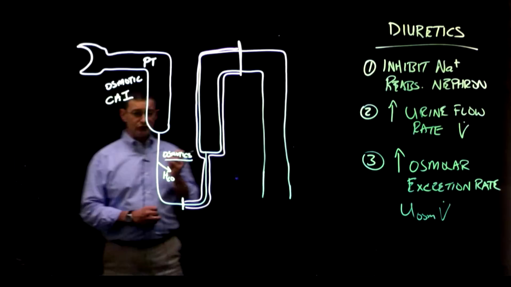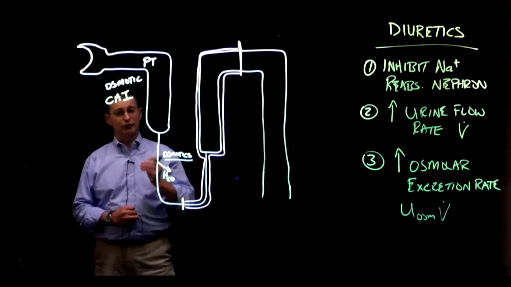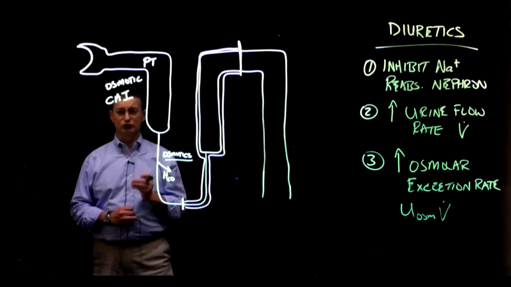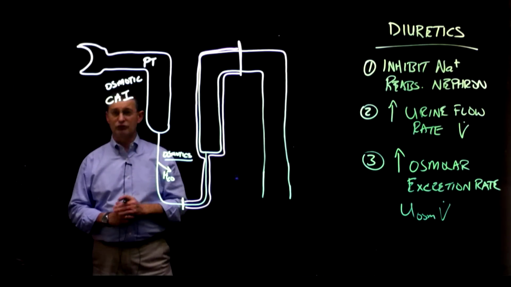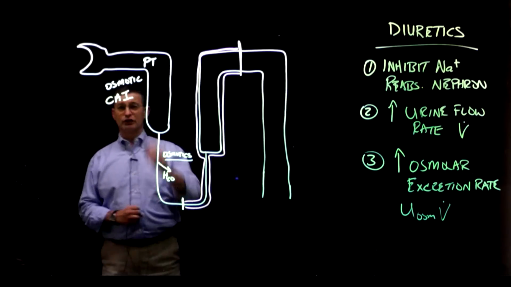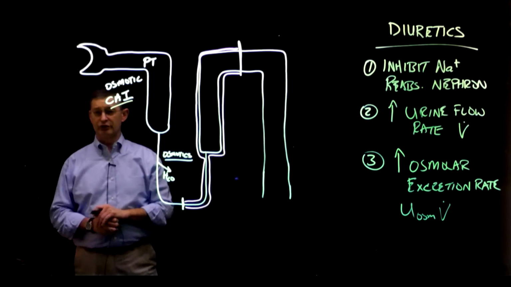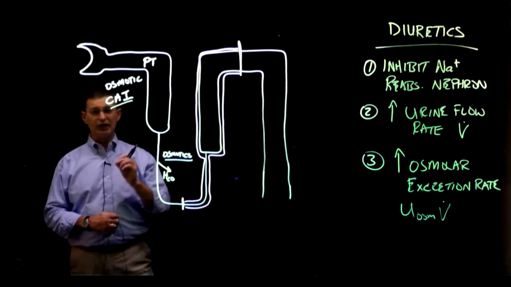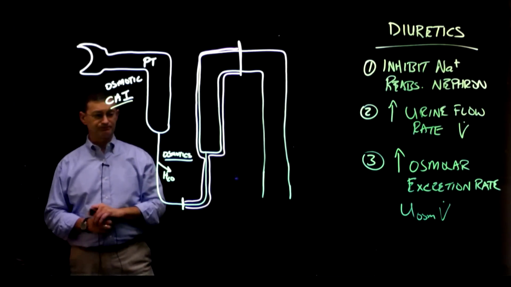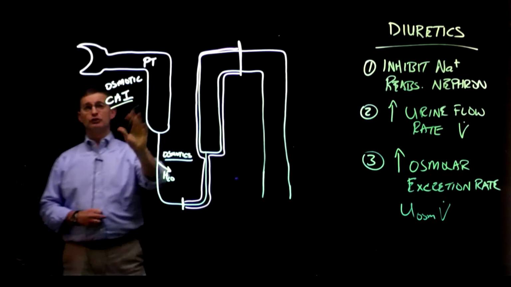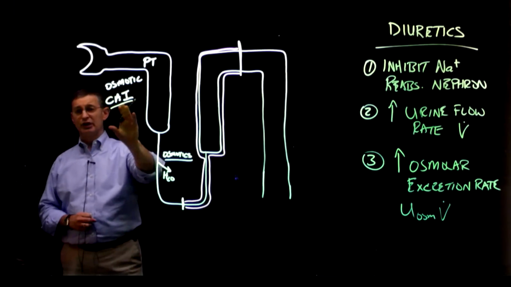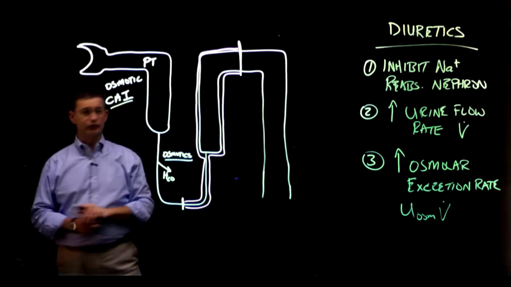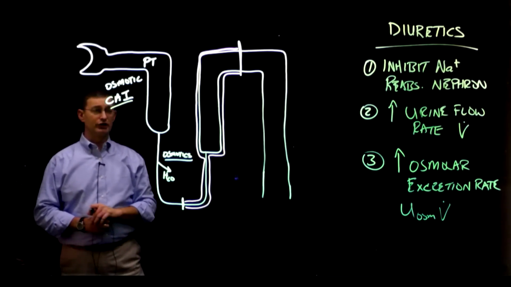Since sodium is tied to proton transport and bicarbonate reabsorption in the proximal tubule, if I block reabsorption of bicarbonate, I will block reabsorption of sodium, and carbonic anhydrase inhibitors will have an impact on both sodium excretion and bicarbonate excretion. So in the proximal tubule, we have osmotic diuretics and carbonic anhydrase inhibitors as being the major diuretics that impact in that segment.